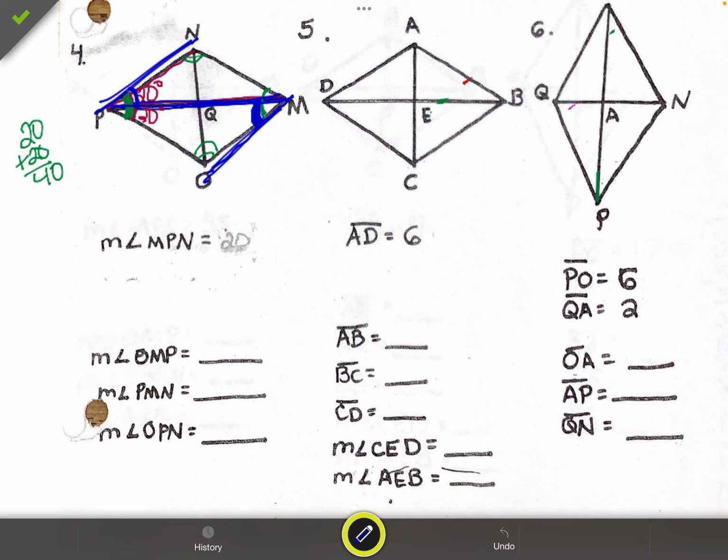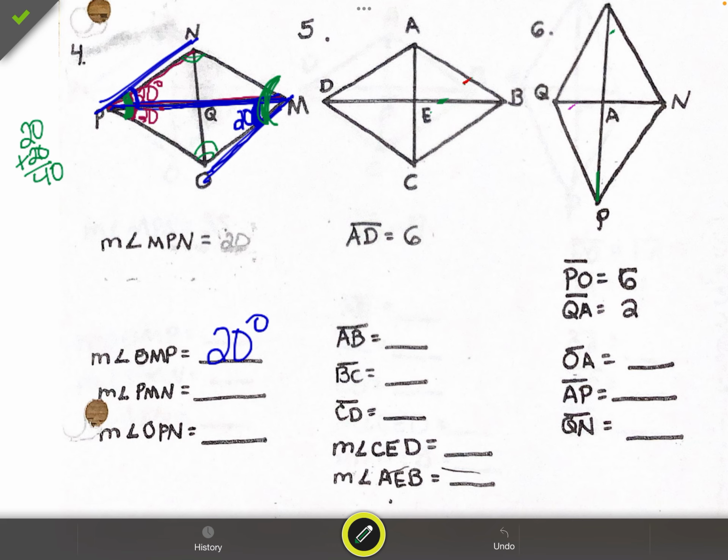Alternate interior angles are congruent. Now, some people are like, well, I didn't do it that way. I said this whole angle would be 40. So if that would make this whole angle over here, right here, 40. And then I did 40 divided by 2. That works also.